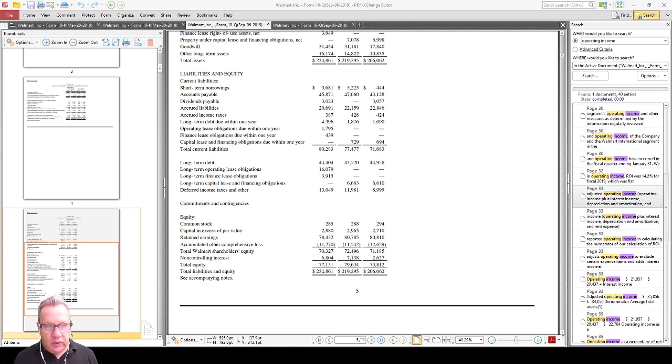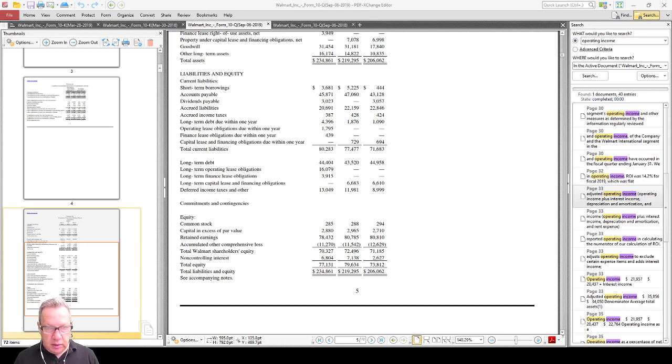And then the next thing we've got is accounts payable, which will not be, dividends will not be, accrued liabilities, accrued income taxes. Long-term debt within 1 year is definitely. So what's that number? 4396.